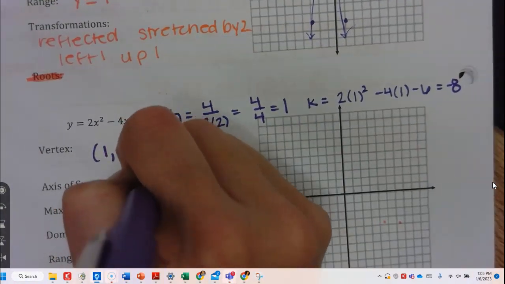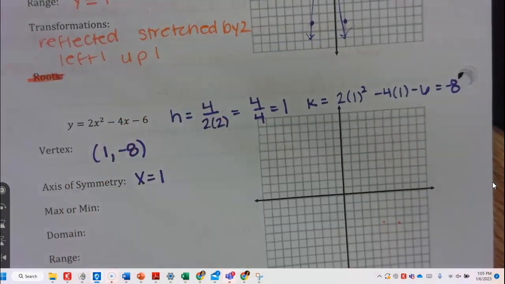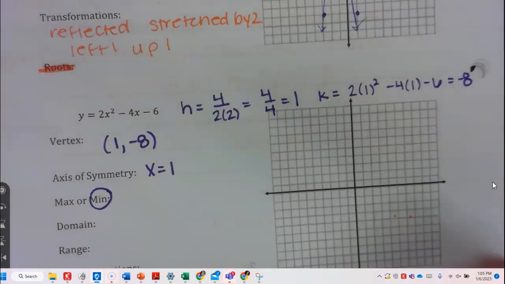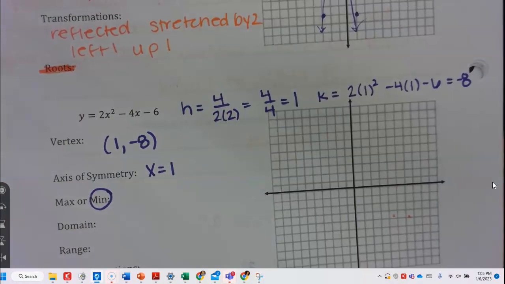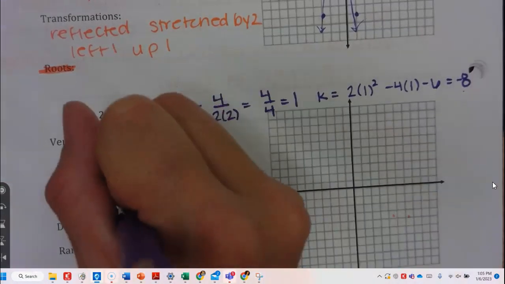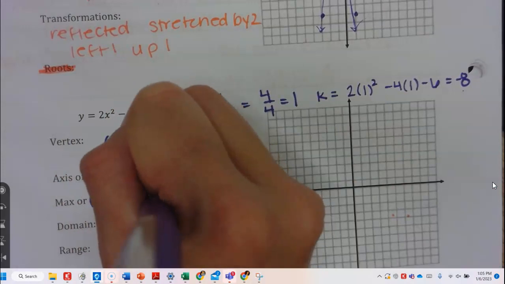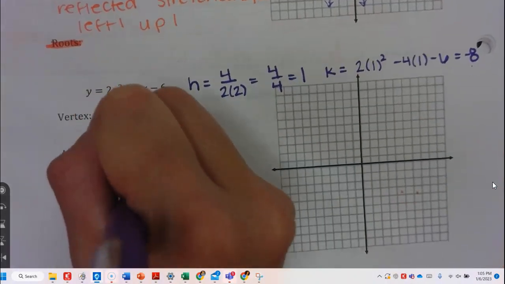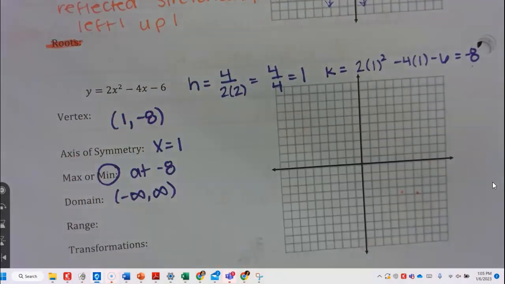It's going to be symmetric through x equals 1. My a value is positive, so I have a min. My min is at k, which is at -8. Domain is all reals.